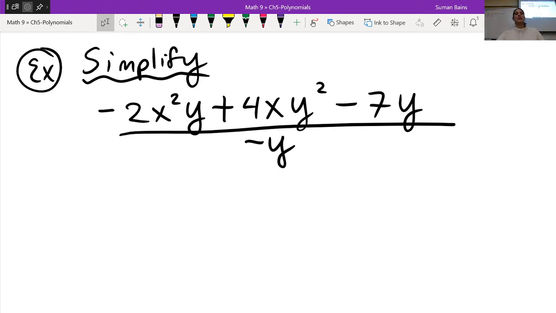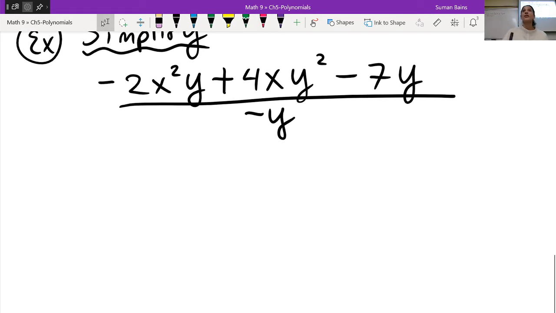If we want to simplify this, what would be our first step? The whole thing is over negative y right now. Sorry? Yeah, it's kind of like distributing. We're going to separate these, right?